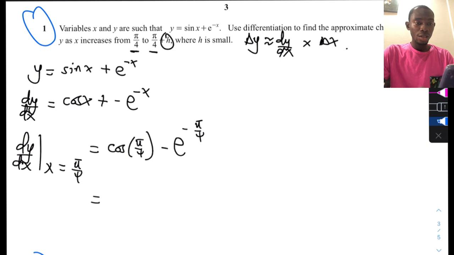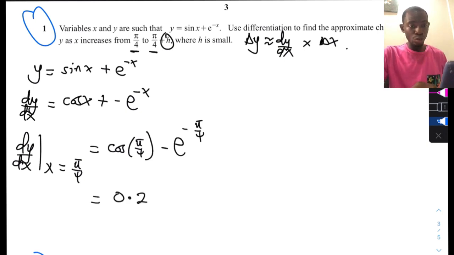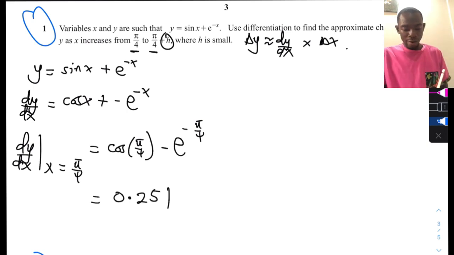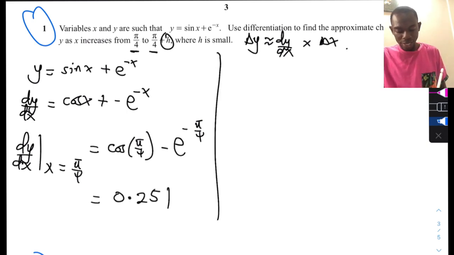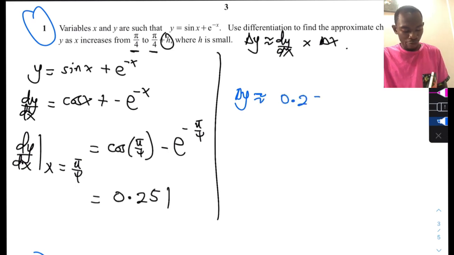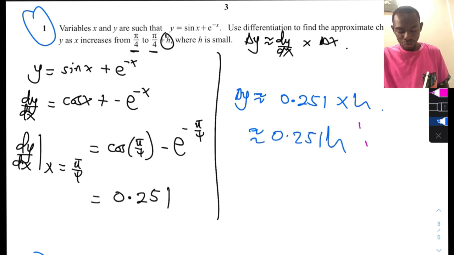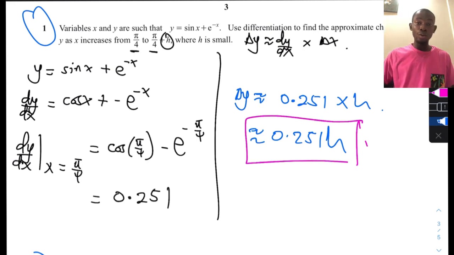Cos pi on 4 minus e to the power negative pi on 4. So the calculator says our answer is 0.251. All right, so that basically means that your change in y is approximately 0.251 times h, giving you 0.251h. So that is the answer you are looking for.